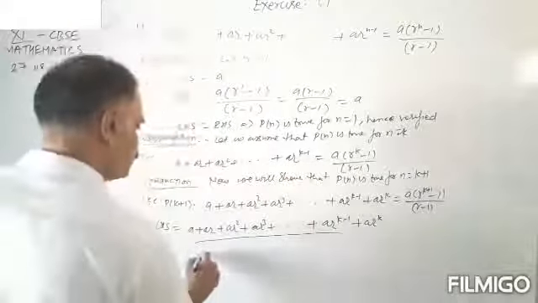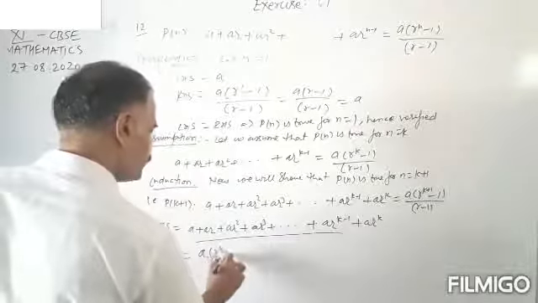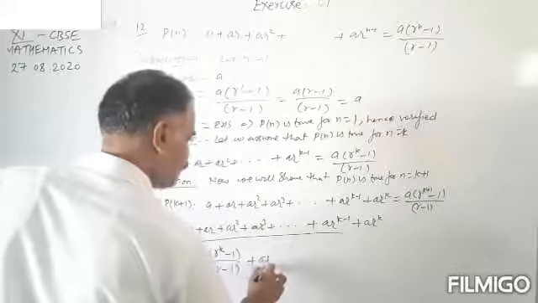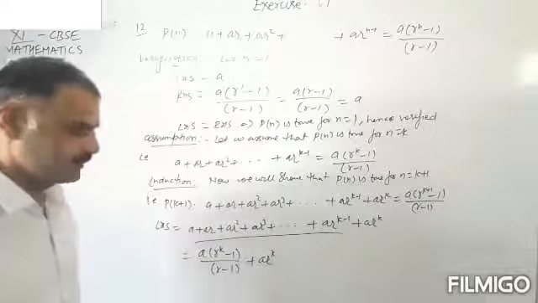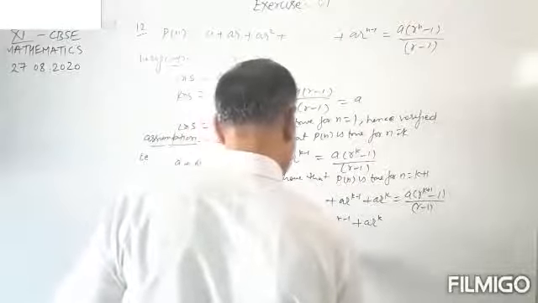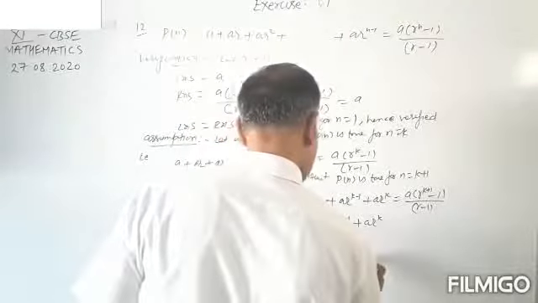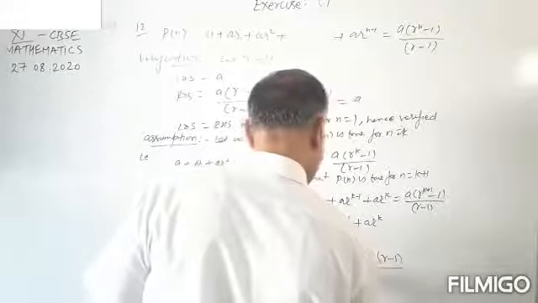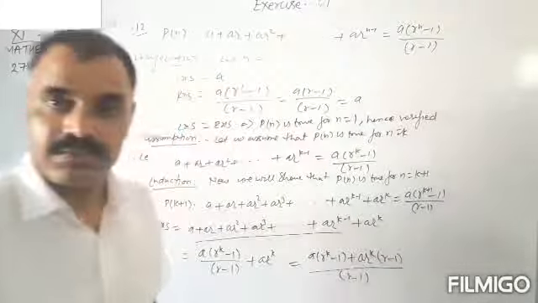So using this, we get a into (r to the power k minus 1) upon r minus 1 plus ar to the power k. So this is equal to a into (r to the power k minus 1) plus ar to the power k into (r minus 1), upon r minus 1.